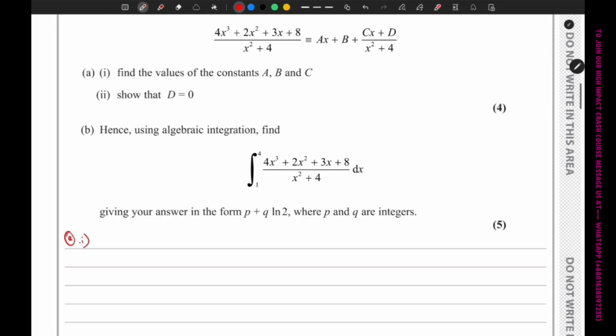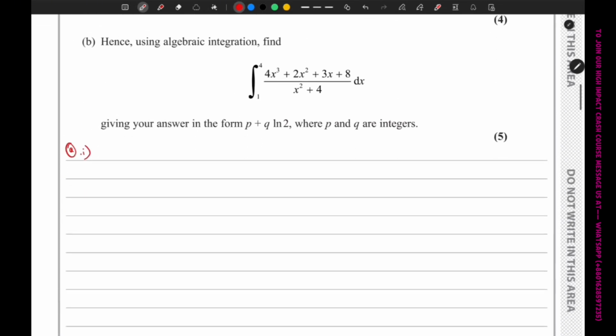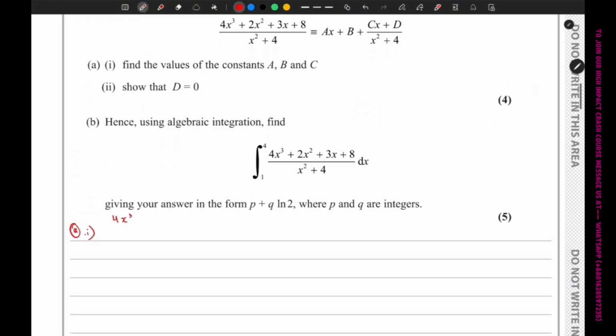So we can write this equation as 4x cubed plus 2x squared. So let me just write this down.